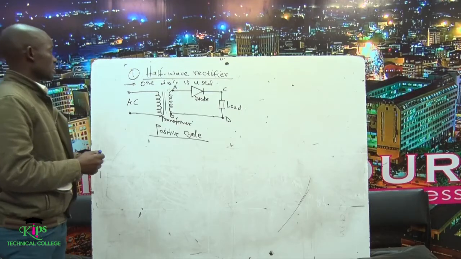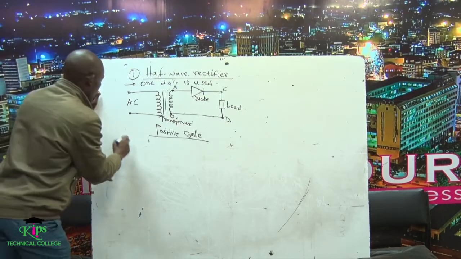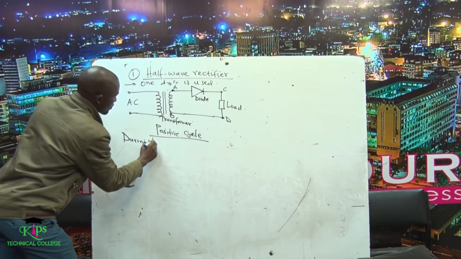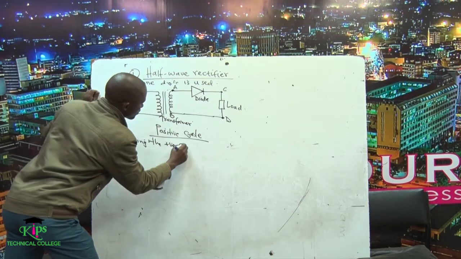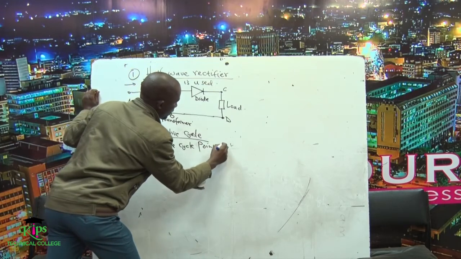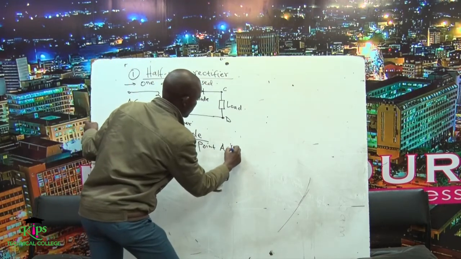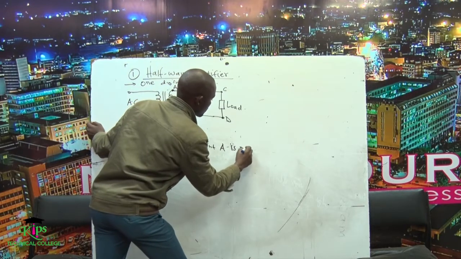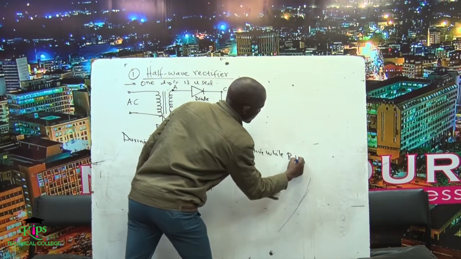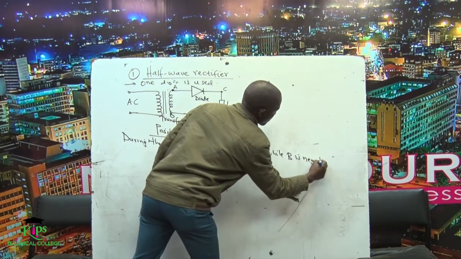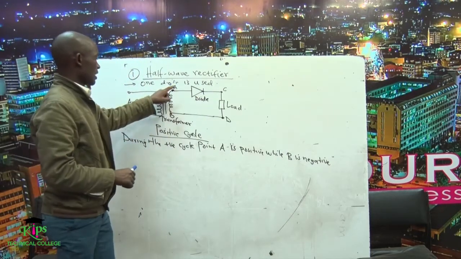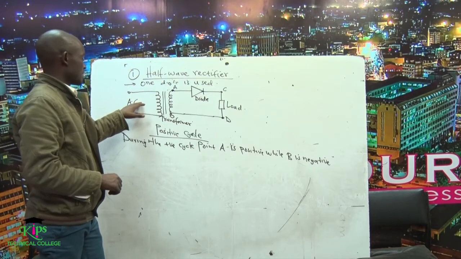So what happens during the positive cycle: point A is positive while B is negative. The first point you need to analyze is the polarities, because we are having an AC.